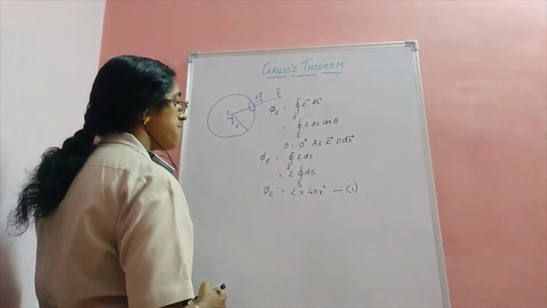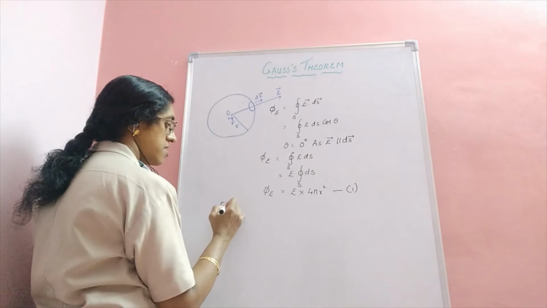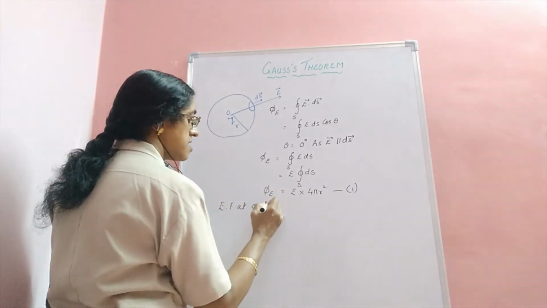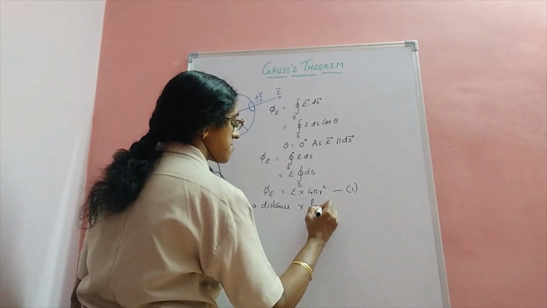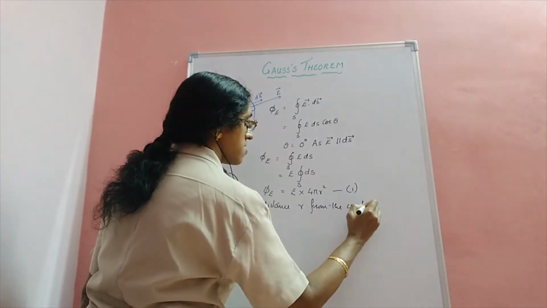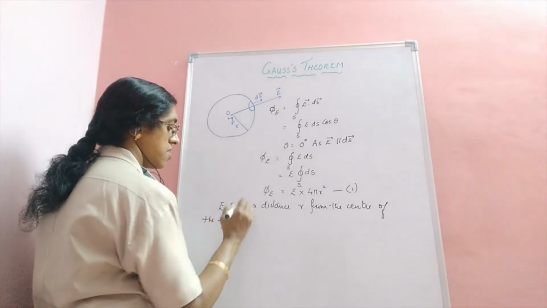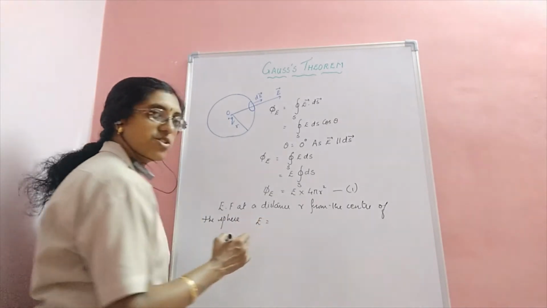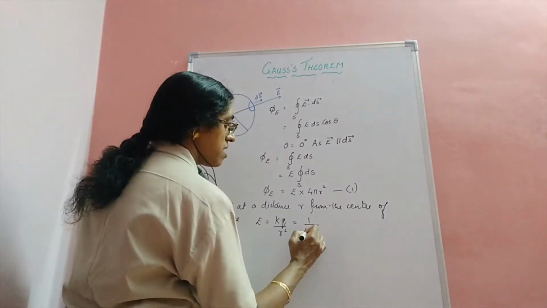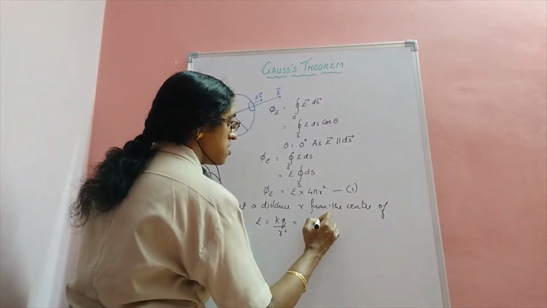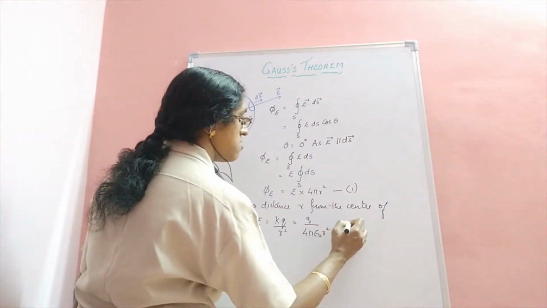Now, the electric field at a distance r from the center of the sphere can be given by E is equal to kq by r square, which is equal to 1 upon 4 pi epsilon naught times q by r square. Now I'll substitute this value in the first equation.